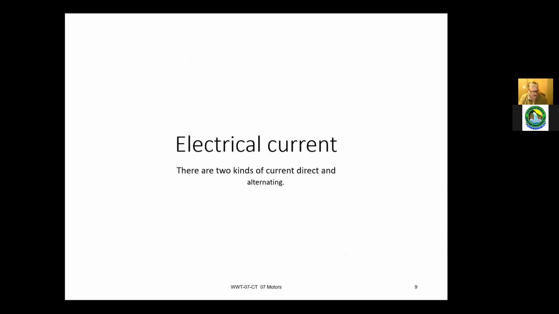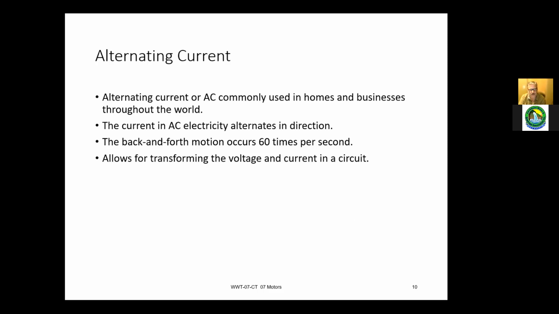So there's two kinds of electrical circuits. Again, we're not trying to make electricians out of anyone, but you definitely need to have some kind of understanding. There's direct current and alternating current. The first one we're going to talk about is alternating current. It's commonly used everywhere. AC alternates in direction, and it moves at 60 times per second.